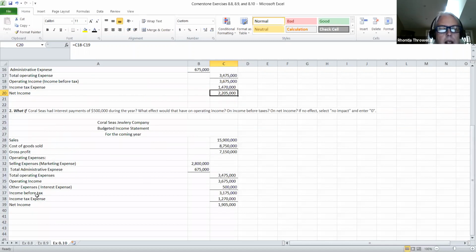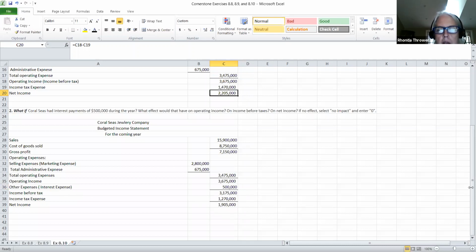However, in the what if analysis, it is not. The operating income is separate from the income before income tax, because you had to put in this other item or this other expense category for interest expense.